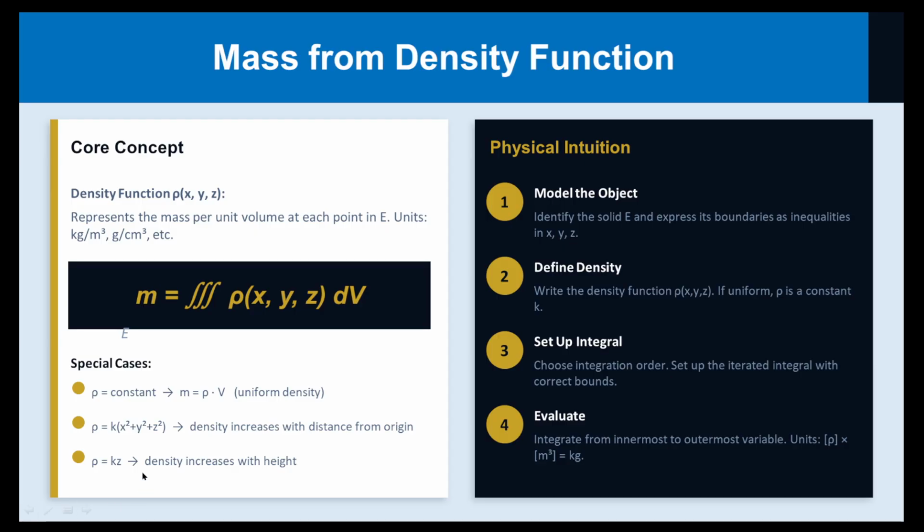In the third case, if rho equals kz, then density increases with height. Now there are four steps for solving mass problems. First, model the object, second, define the density, third, set up the integrals, and fourth, evaluate the integrals. So these are the general steps we follow.